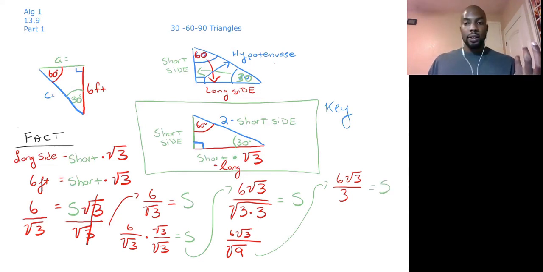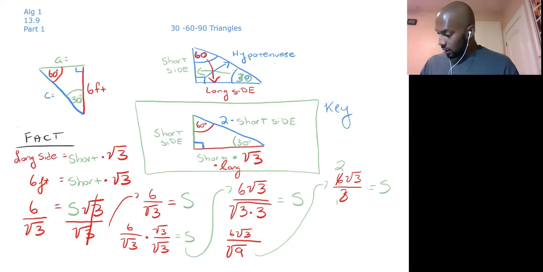Now I can simply divide 6 divided by 3 because they're both outside of a radical. 6 divided by 3 will give me 2. 3 divided by 3 will give me 1, so that's 2 over 1. 2 divided by 1 is simply 2, which leaves 2 times rad 3 equaling s.